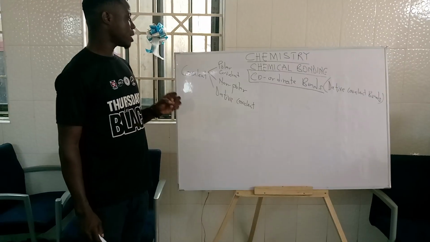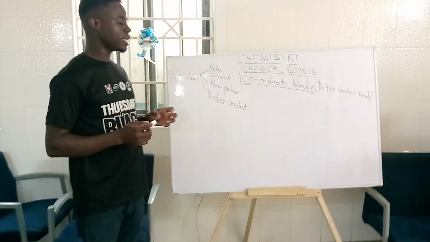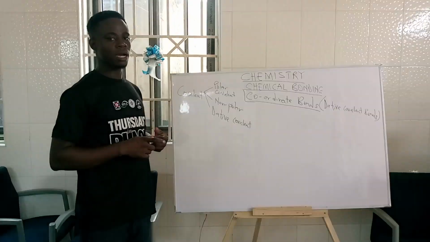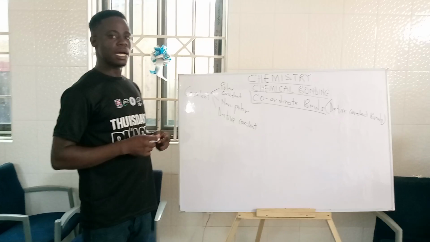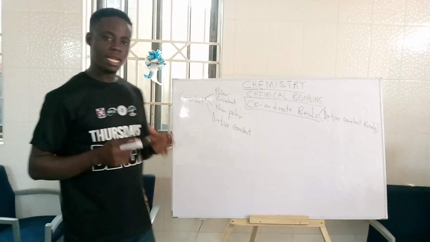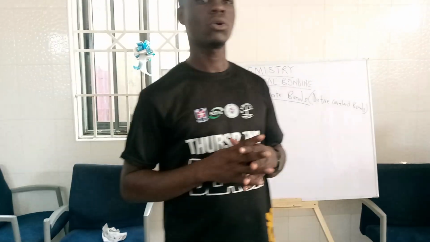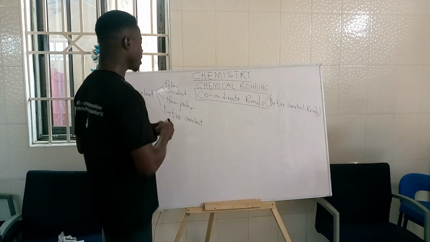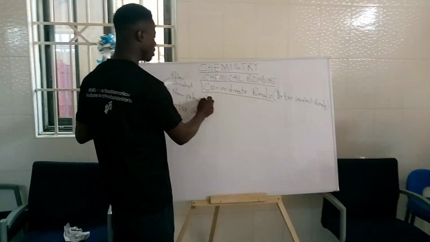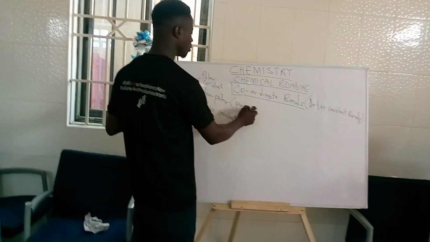Now, one thing we need to understand is that when we talk of covalent bonding, we are talking about non-polar covalent bonds. This non-polar covalent bond has another name called pure covalent bond. So, in actual sense, anytime we are talking about covalent bond, we are basically referring to the non-polar, which is the pure covalent bonds.